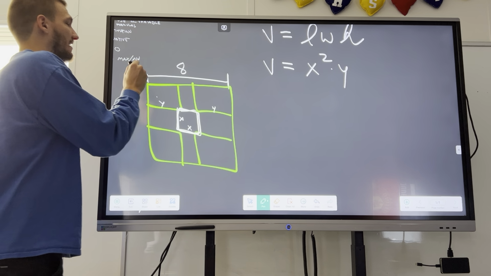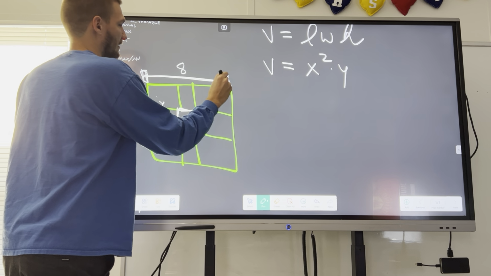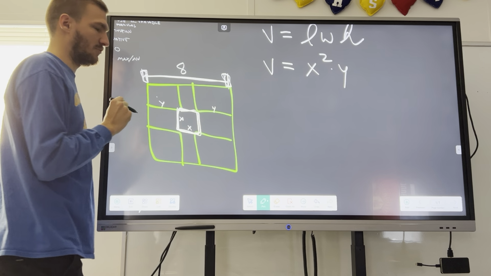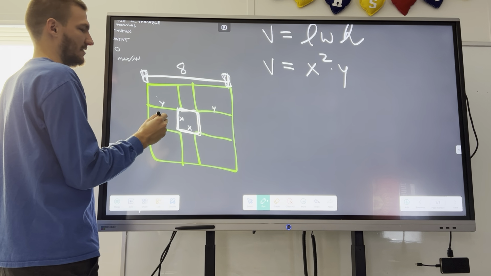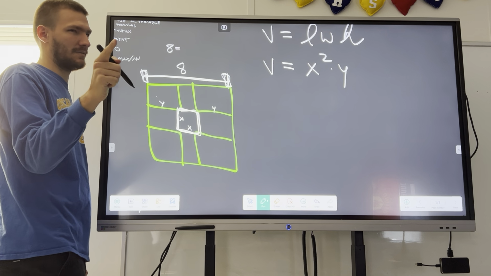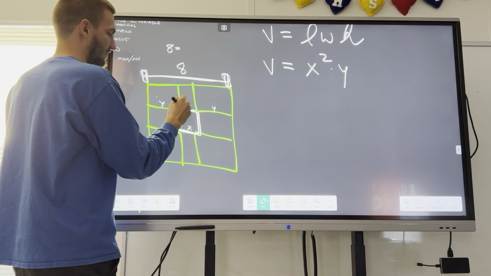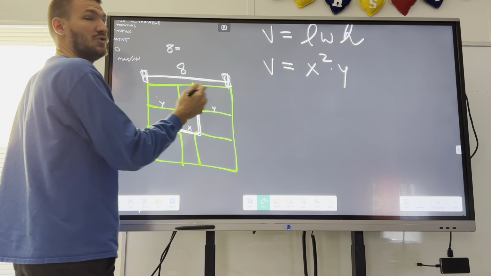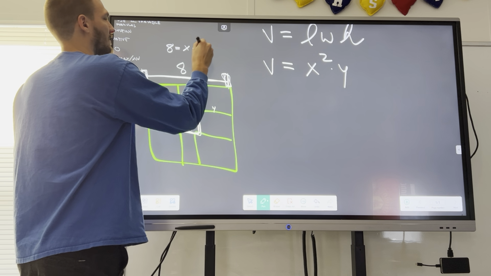The total value of 8 is equal to what? X plus Y. Not quite X plus Y, but you're very close. X plus 2Y, because there's a Y on the right and a Y on the left.